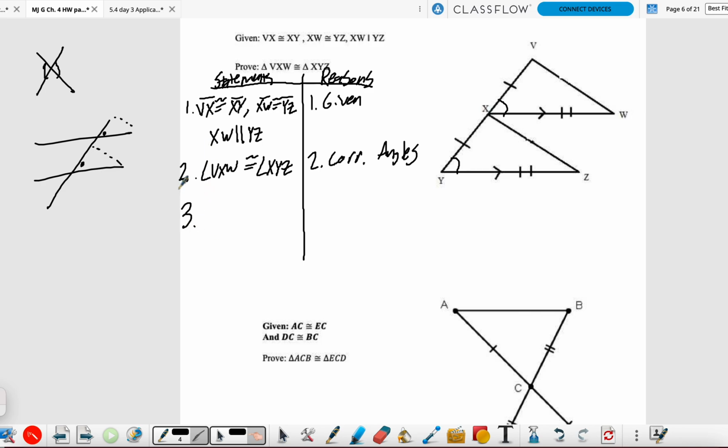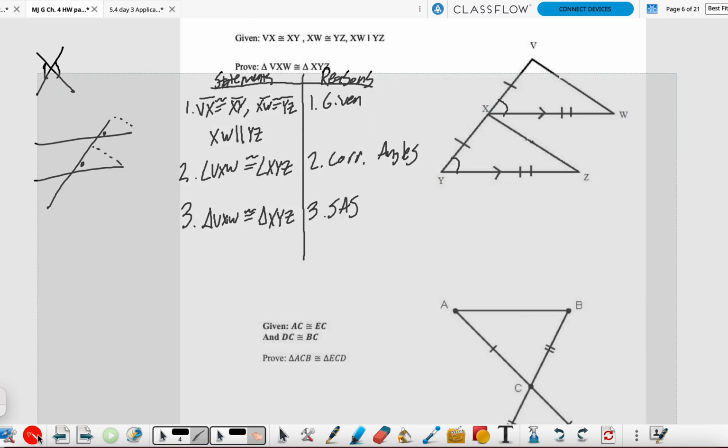So we can say the triangles are congruent because of SAS. Triangle VXW is congruent to triangle XYZ. This one and the one previous are probably the two hardest ones on the homework assignment.